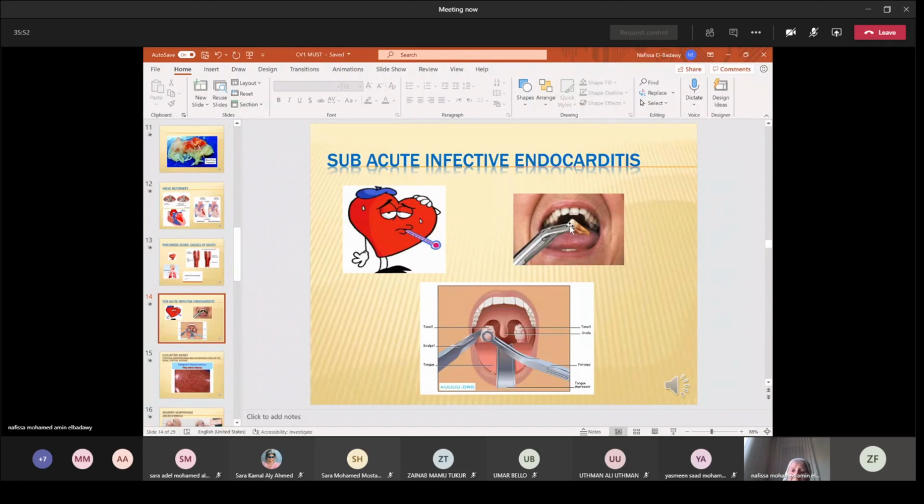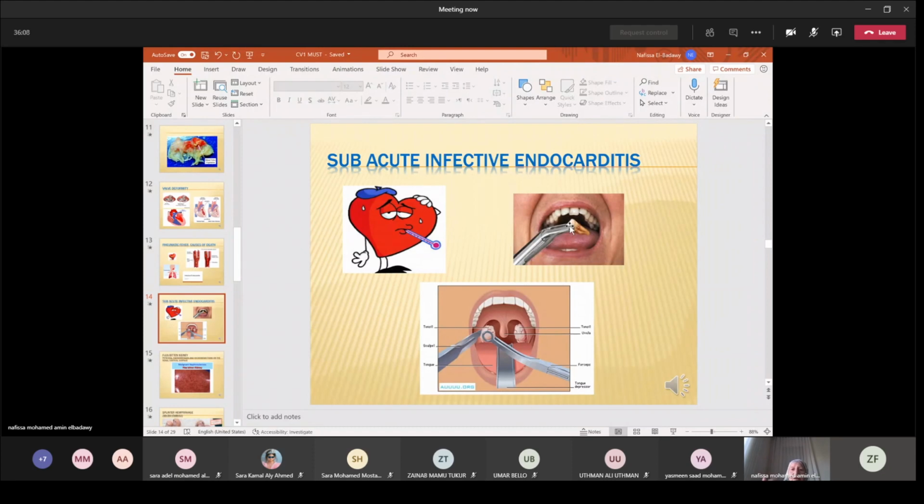It does not affect a normal valve. It only affects an already diseased valve, so it's only present in patients who have rheumatic valvulitis.